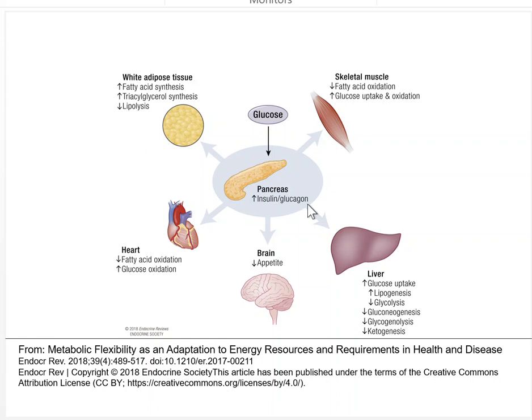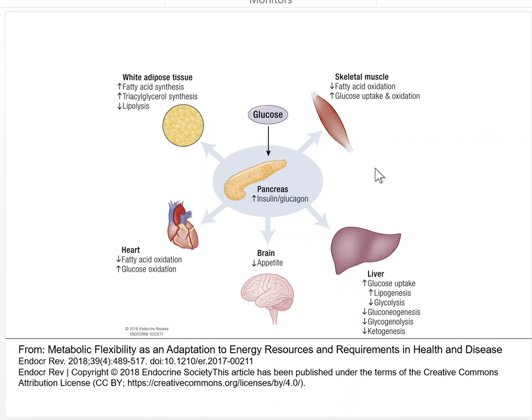Glucagon is a catabolic hormone, also secreted by the alpha cells in the pancreas, which is used to extract nutrients from our storage base. So when we have glucose entering the body, we see an elevation of the insulin-glucagon ratio. This is a body-wide event affecting several organs.